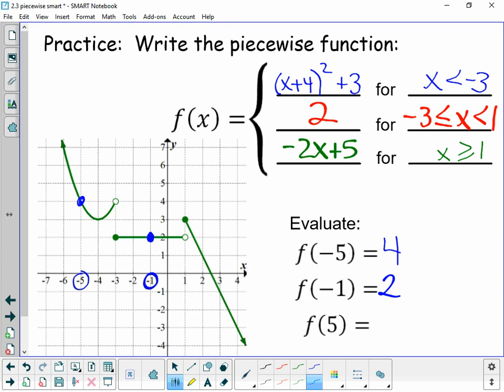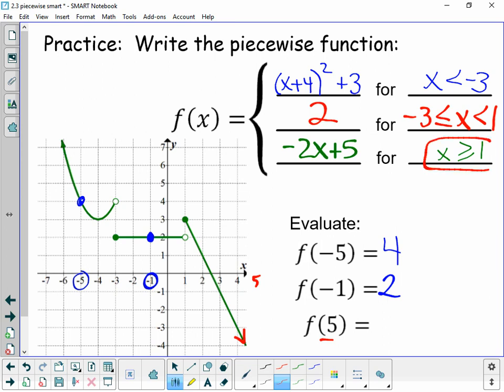The last one, f of 5. Shoot, this one doesn't show up on my graph, but it has an arrow here indicating that it does keep going over in that direction. So we can use our equation to evaluate it. Well, f of 5, 5 is over here, so you can see from the graph that it's going to be in that third part.